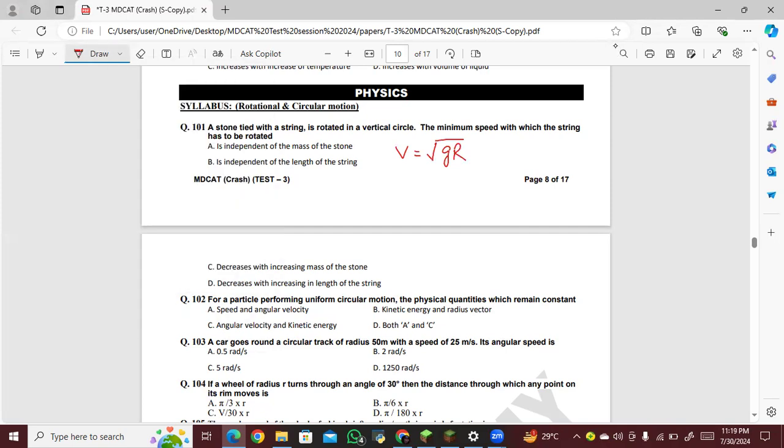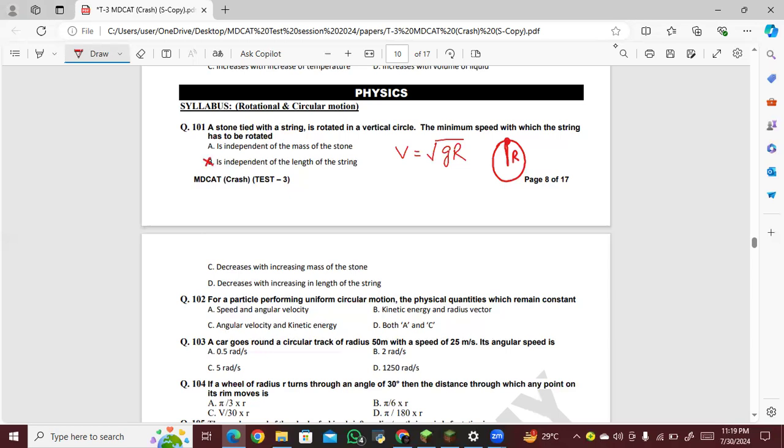Is it independent of the mass of the stone? Is it independent of the length of the string? R becomes the length, because when you rotate a stone with a string, its radius is equal to the length of the string. So it depends. So B is not the correct option.